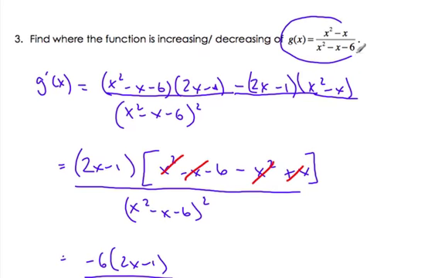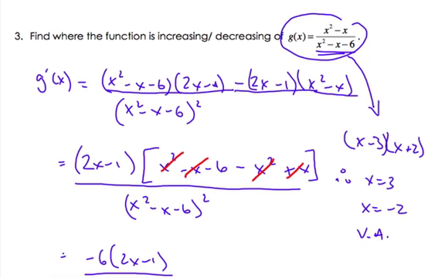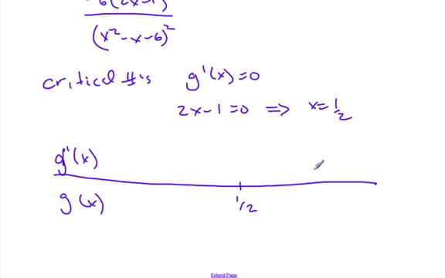So if I look at my function here, I know that I can factor that to x minus 3 times x plus 2. Therefore, x equal to 3 and x equal to negative 2 are vertical asymptotes. The function is not defined here. It's not in the domain. I have to include those values, positive 3 and negative 2, on my number line. I know it can't be those, but I have to consider those.